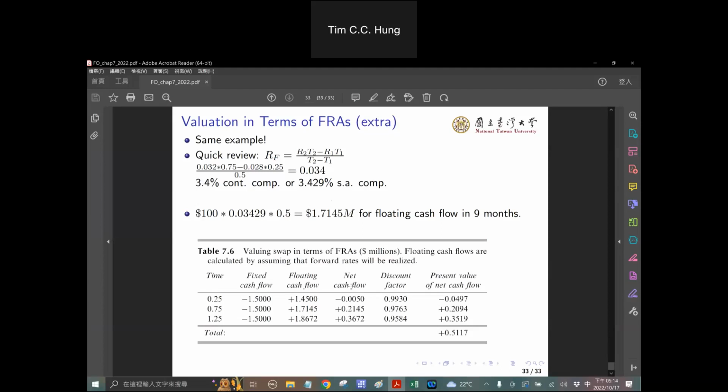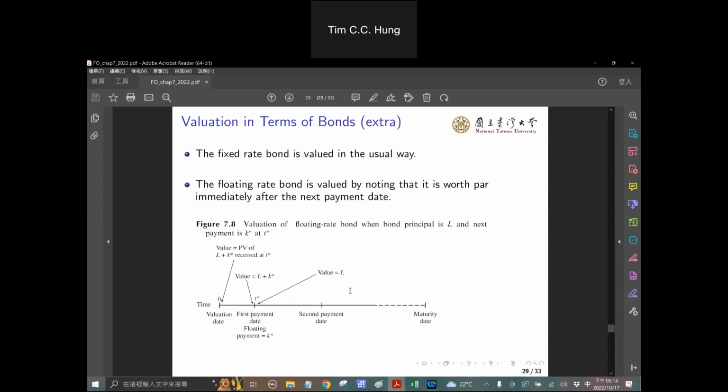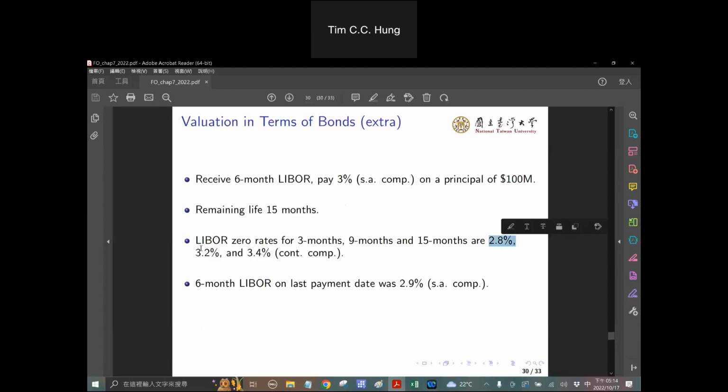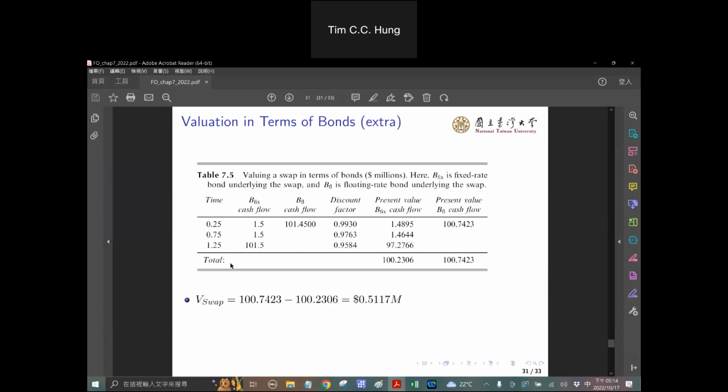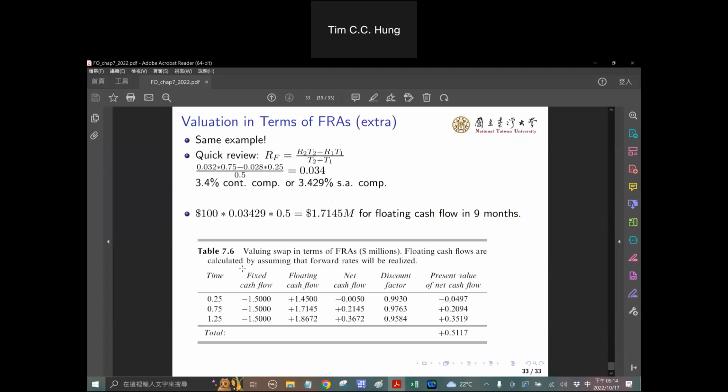Wait. So the 3.2% and 2.8% are the LIBOR rates for 3 months and 9 months horizons. So now let me just use another graph.